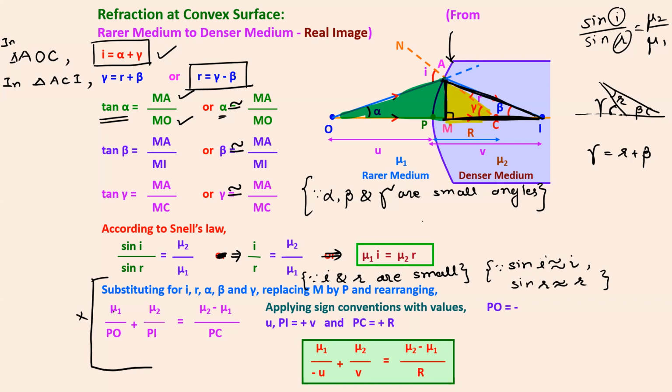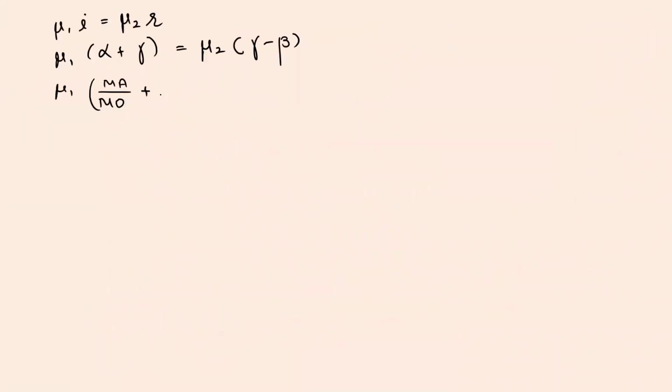Derivation is not mentioned properly here, so we are doing it in detail, because this was only for revision purpose. Beta is always MA by MI, and gamma will be MA by MC.